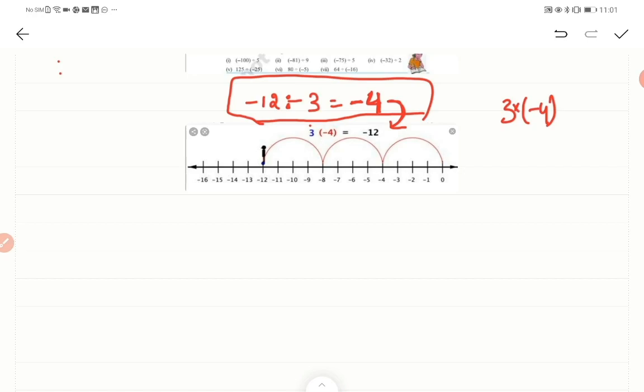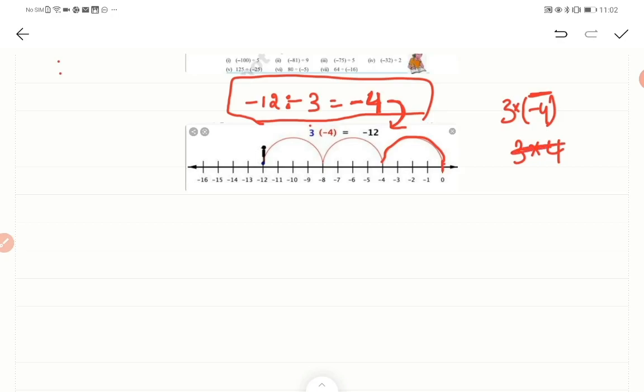If you start from 0, you take 3 hops in the opposite direction, because the steps here are minus 4. If it was 3 cross 4, then you would have moved forward, and the first hop from 0 would go till 4.